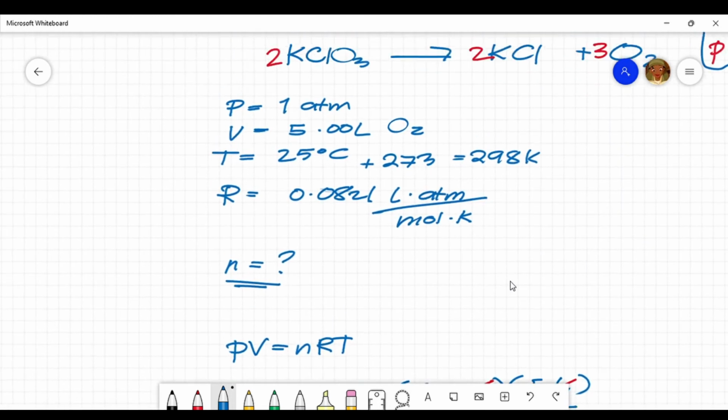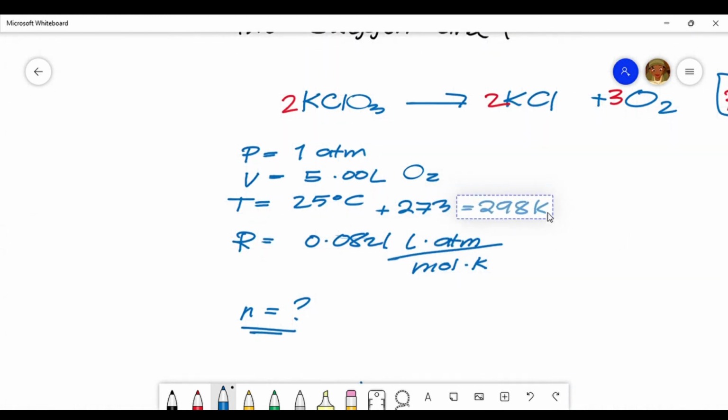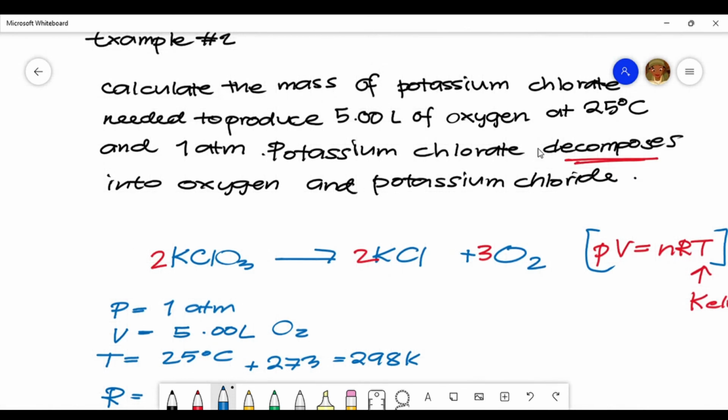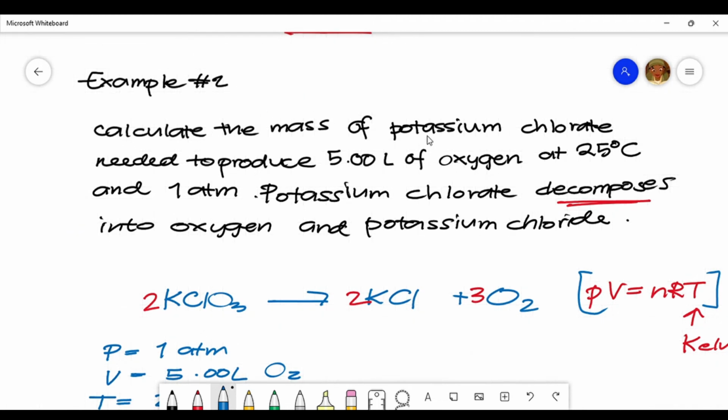Now we have the complete values for the ideal gas law. What we're actually looking for is the mass of potassium chlorate, so our last unit should end up with grams of KClO3.